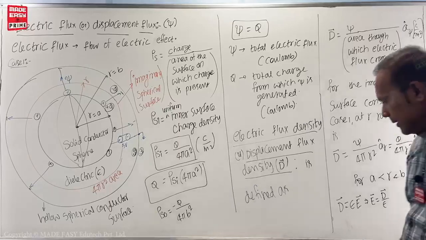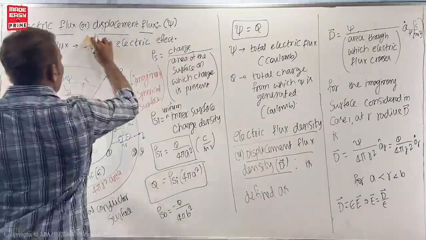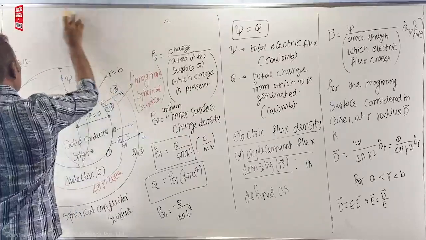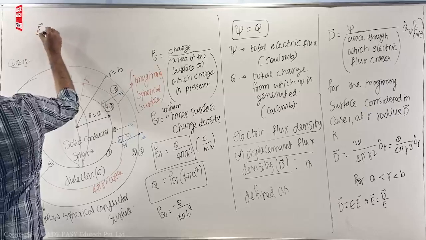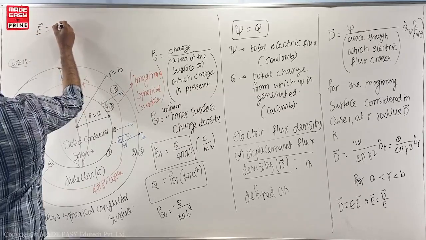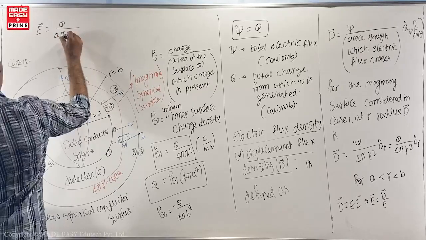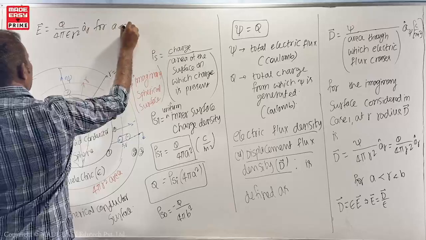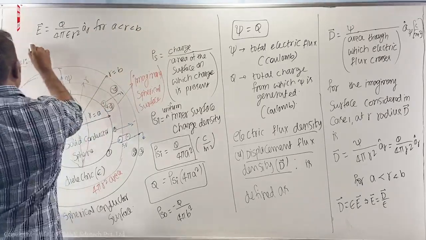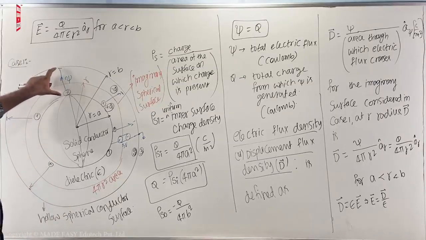So E bar is equal to D bar, which is Q divided by 4 pi r square, divided by epsilon, for A less than r less than B radius. This is the electric field equation in between these surfaces.